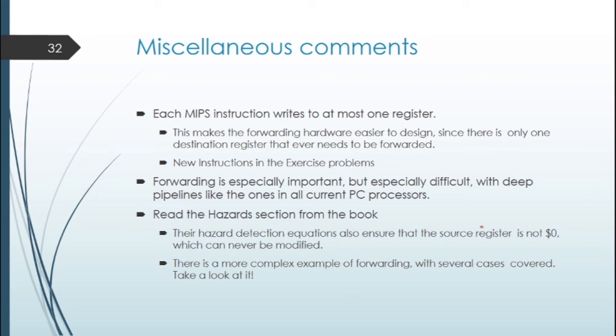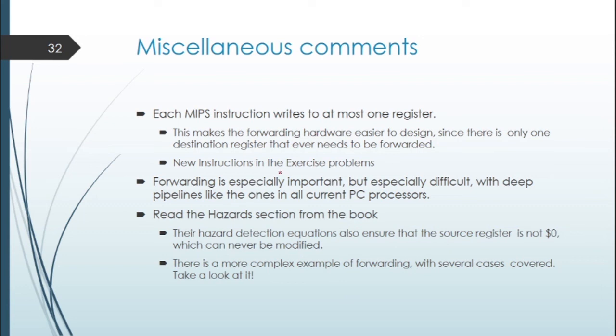This makes forwarding hardware easier to design, because there is only one destination register that ever needs to be forwarded. For R-type instructions, the rd register is the destination, but the load word instruction will be a bit more complicated than the simple R-type.